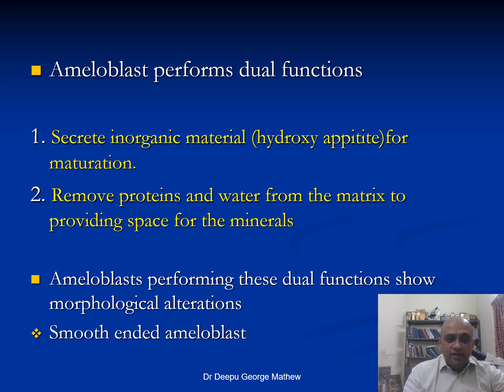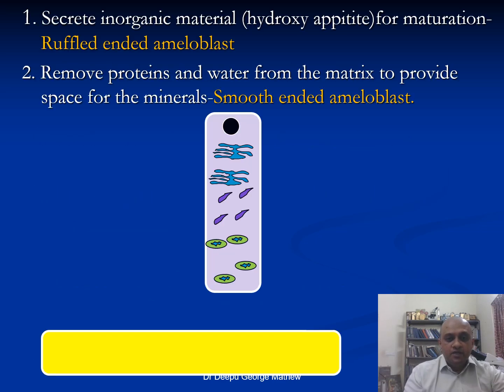It can be a smooth-ended ameloblast, which is removing the proteins and water, and a ruffle-ended ameloblast, which is secreting the inorganic matrix. So the secretion of the inorganic matrix in maturation is done by the ruffle-ended ameloblast, and the removal of the proteins and water from the matrix, to provide space for the minerals, is done by the smooth-ended ameloblast.